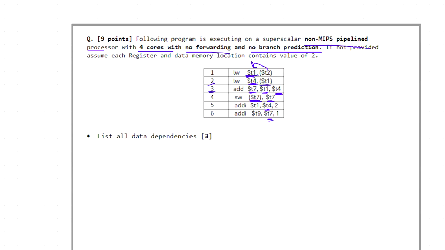But if I go from the register to the memory address, I'm just dropping random stuff in there. That's not a problem. So you want to just write out all of that. Just say register whatever in line whatever depends on register whatever in line whatever. Keep it simple, keep it straightforward.